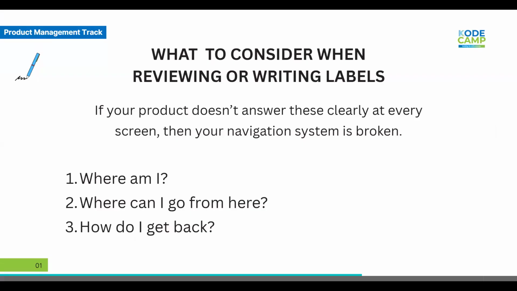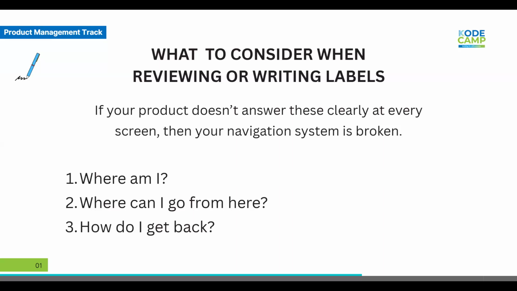We've done labeling, which is about naming things clearly so users don't get lost. So now it's time to talk about navigation systems. This is the actual bridge between the user and the product, right? Navigation is not just a place that shows you things about menus, right?